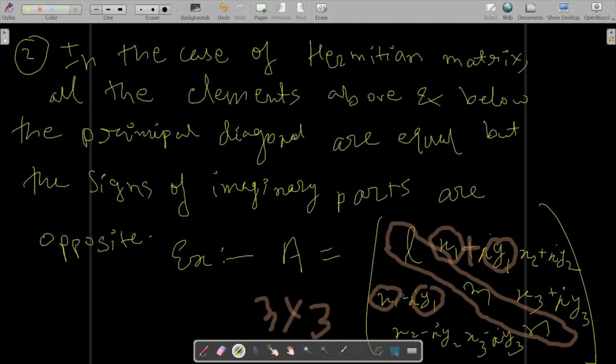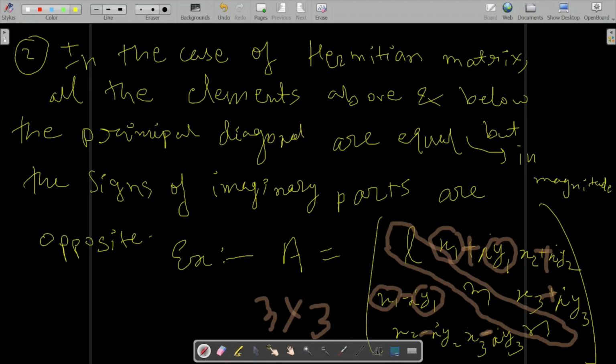Over here the iota sign is plus, over here the iota sign is minus. So all the elements above and below the principal diagonal are equal. Actually we should not write equal, we should write equal in magnitude.